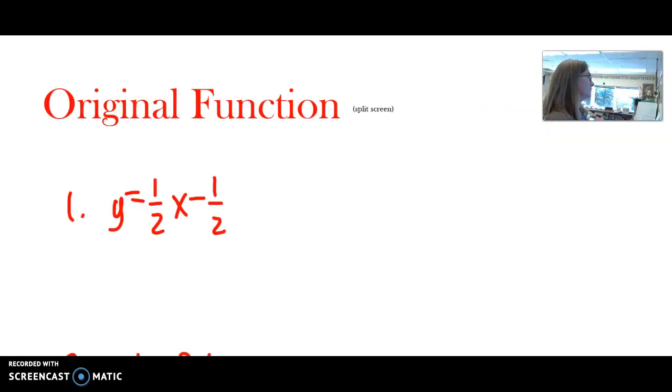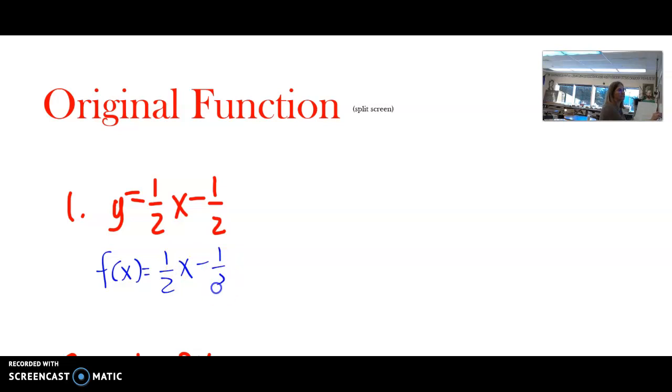So let's do a problem or 2. So we have our original function here. Sometimes it'll say f of x instead of y. If it does, it can be helpful to replace f of x with y, because our step 1 is to interchange x and y.